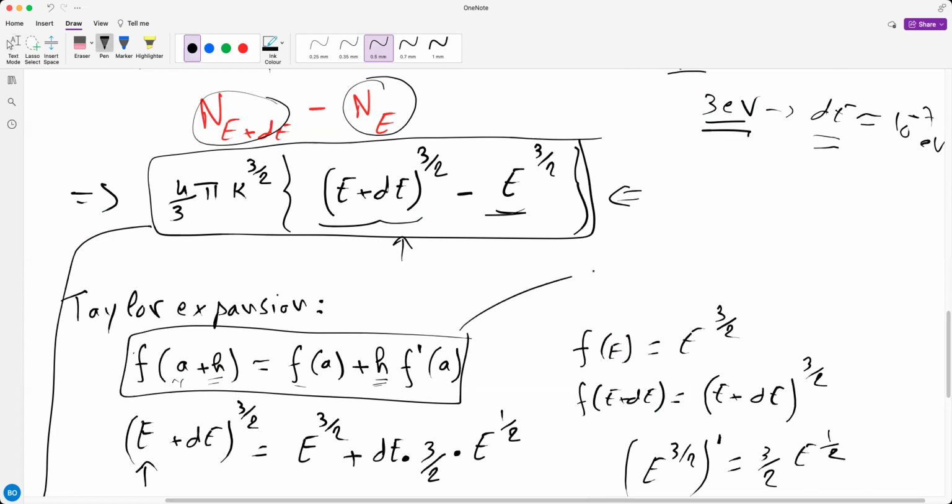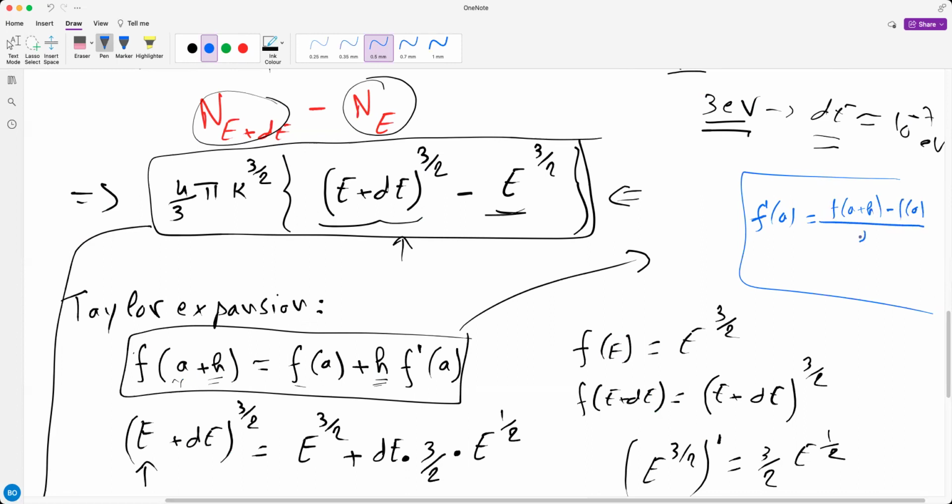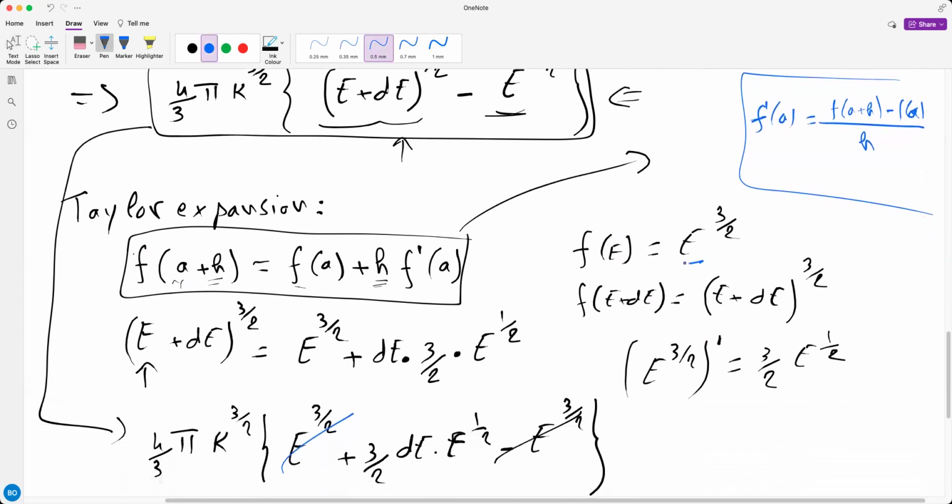Actually, if you look at the derivative, what is the derivative? The formula of the derivative at point a is equal to f(a plus h) minus f(a), divided by h. This is exactly what you get here. This is the formula of the derivative. So if I apply it to the function E to the power of 3/2, then I get this.